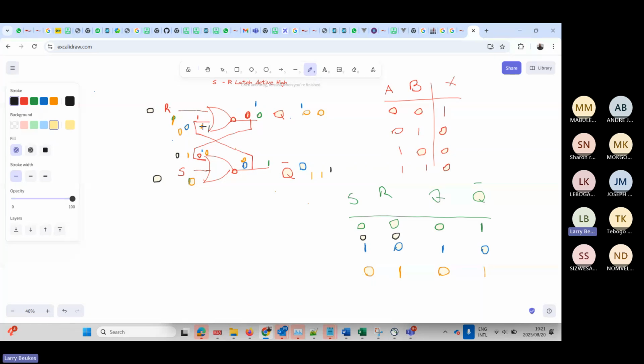Now we have 0, 1, which gives us a 0. We take this 0, we bring it here. 0, 0 gives us a 1. So here, 0, 0 will cause Q to be 0 and Q naught to be 1.